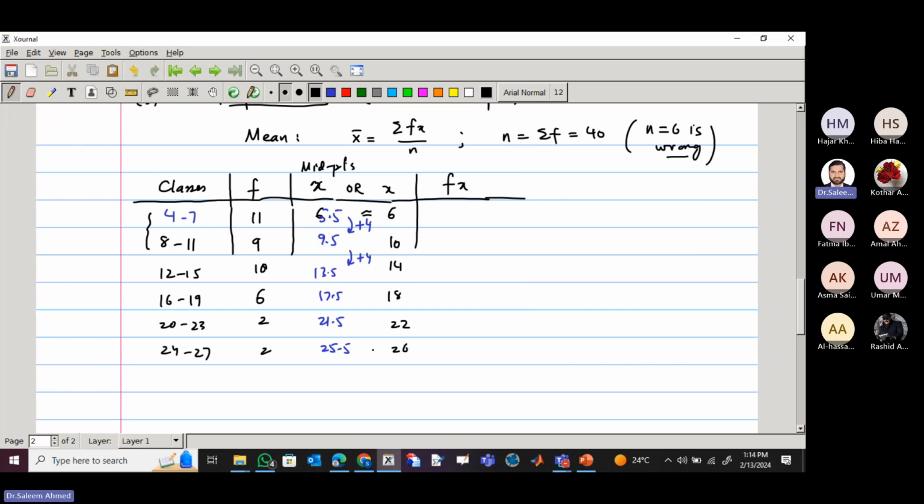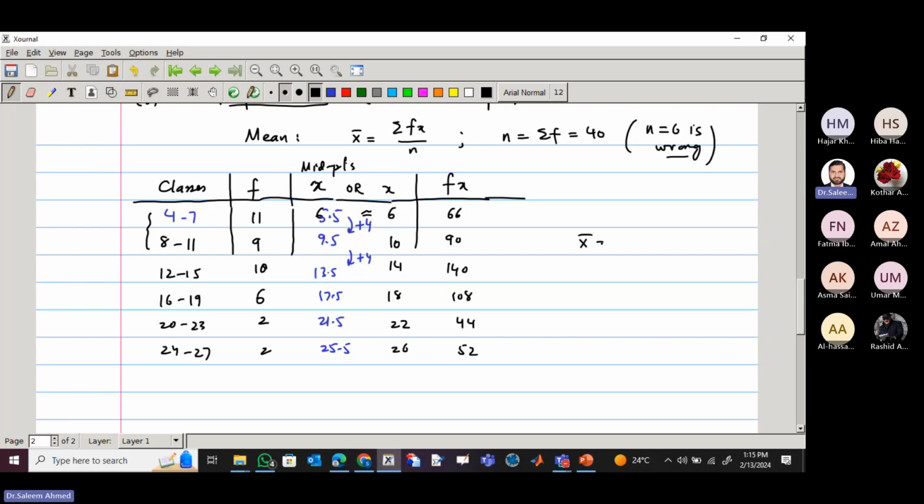So now we will multiply: 11 times 6 is 66, 10 times 9 is 90, 140, 108, 44, and 52, right?